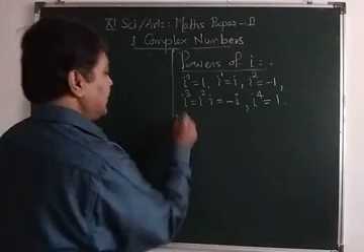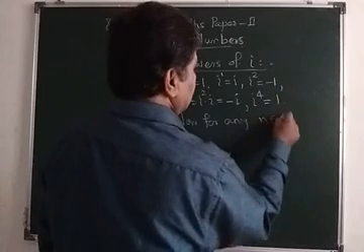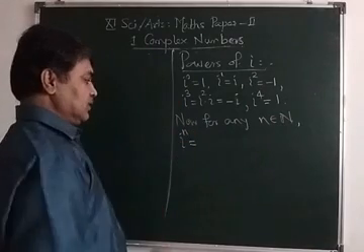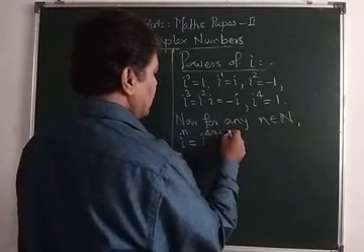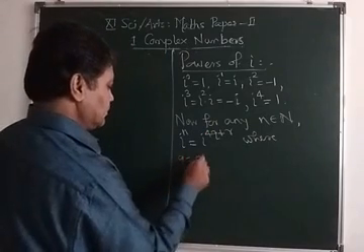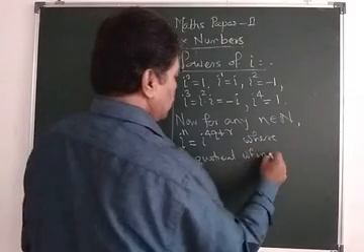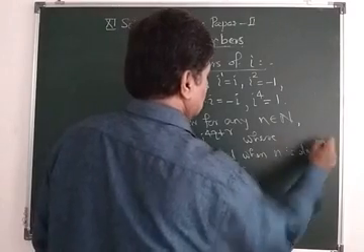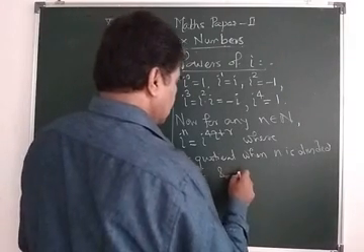Okay. Now for any n belonging to the set of natural numbers, i raised to n is written as i raised to 4q plus r, where q is the quotient when n is divided by 4, and r is the remainder.